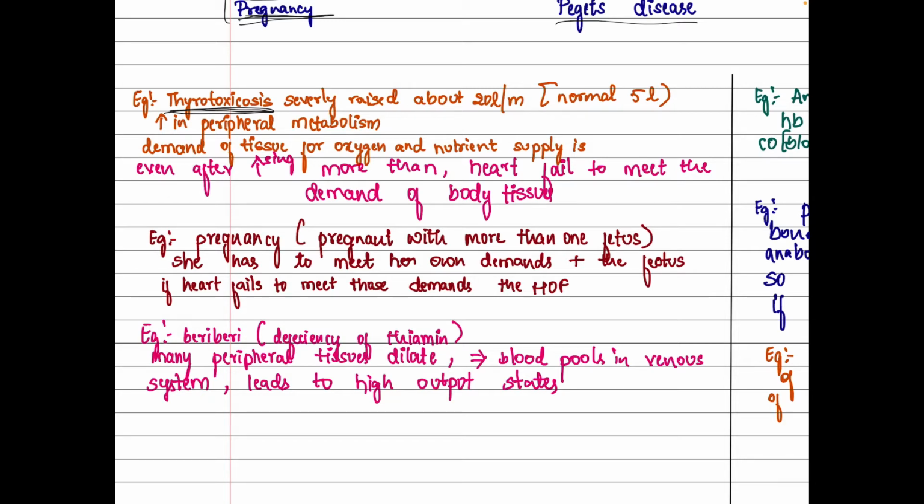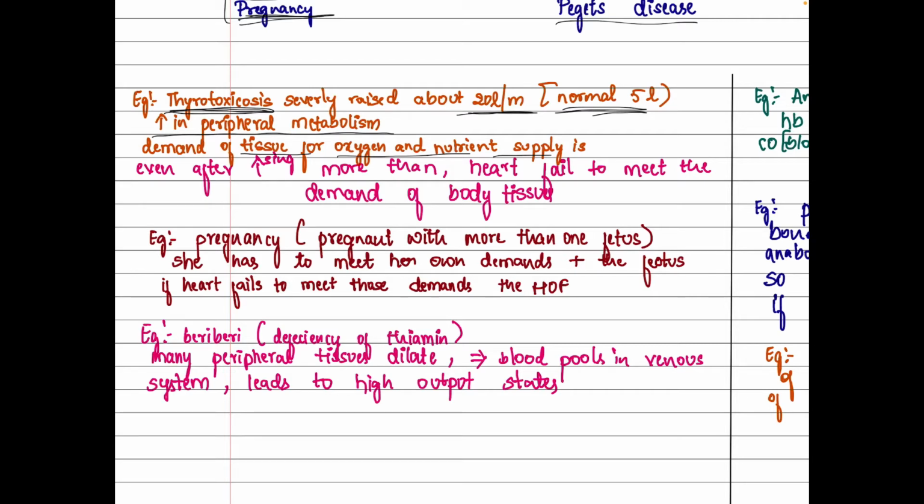Due to increased thyroid hormone, there will be increased peripheral metabolism of the body. Hence, the tissues' demand for oxygen and nutrients will be increased. Normal cardiac output is about 5 liters, but the body tissues' demand will be about 20 liters per minute.